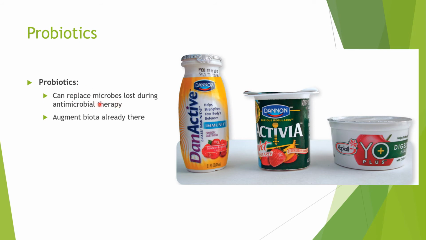So take probiotics to help you replace those microbes that are lost, and to strengthen the biota that you already have. So things like yogurt and milk are good options. Now, there are probiotic pills, but if not, yogurt is a pretty good option.